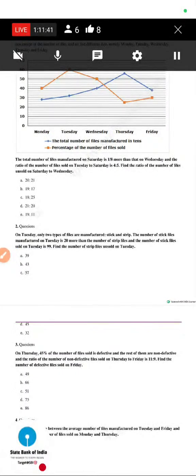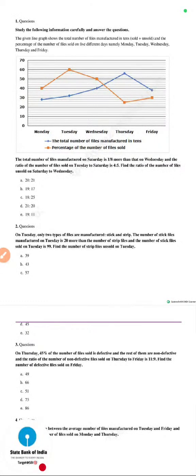Second question. On Tuesday, only two types of files are manufactured: stick and strip. Tuesday, total files will be 320. From 320, there are stick and strip, two types. The number of stick files manufactured on Tuesday is 20 more than the strip files.